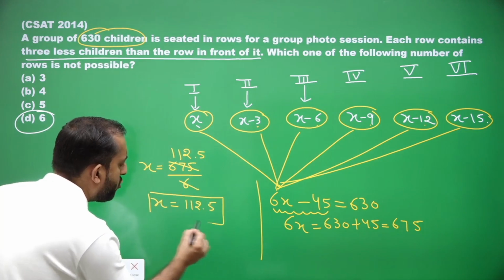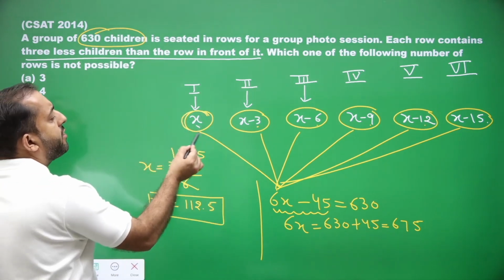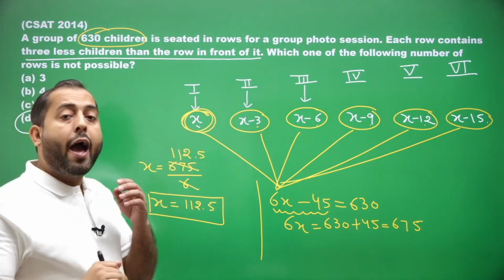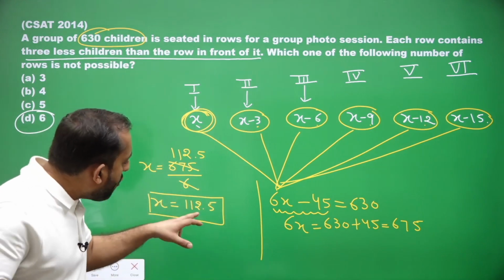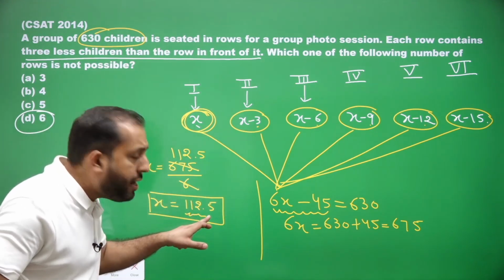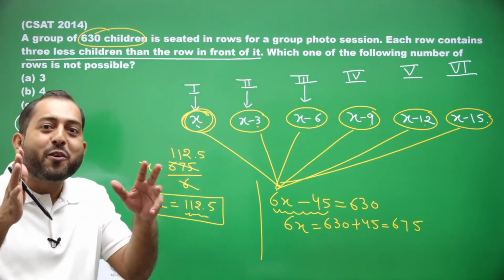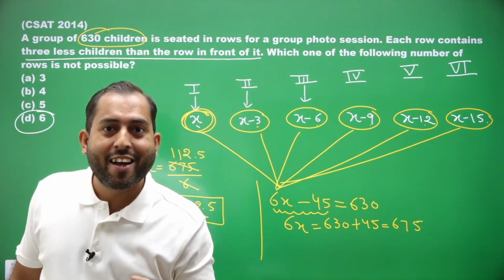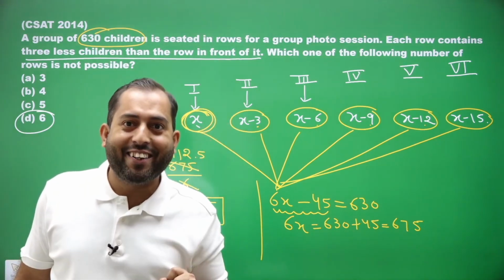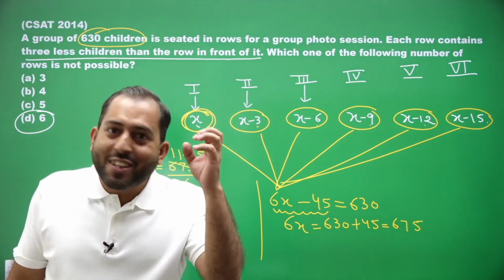Now listen to me carefully. What was x? x was the number of children in the first row. And how can the number of children be a fraction? Is it possible that you have half a child in your class? There is no such thing.